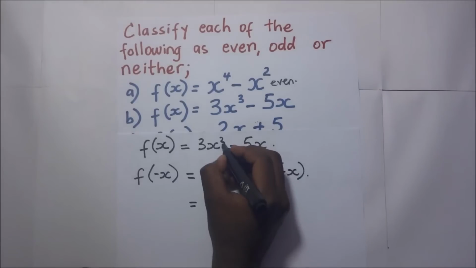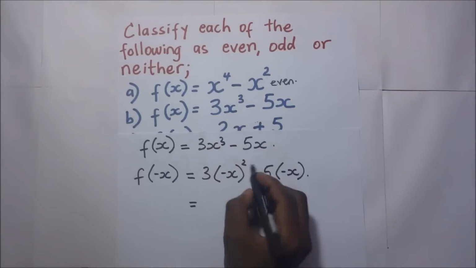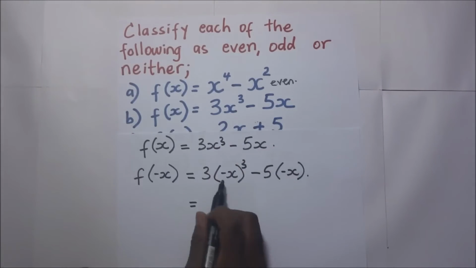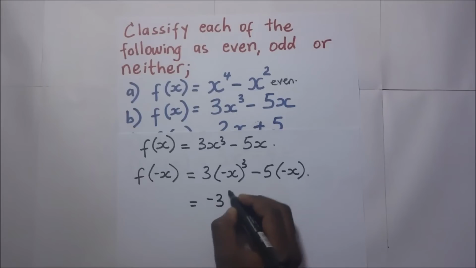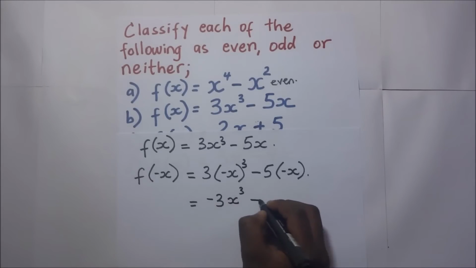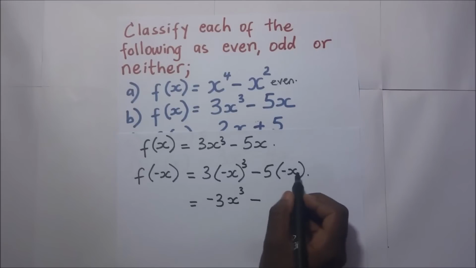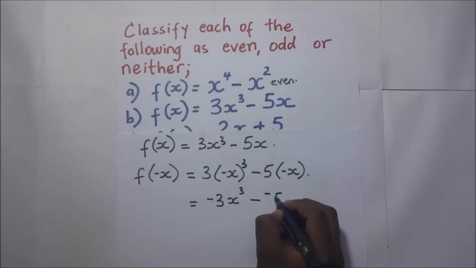So of course here, 3 into negative x to the power 3. Negative x to the power 3 is going to give us negative 3x to the power 3, minus 5 times negative x gives us negative 5x.